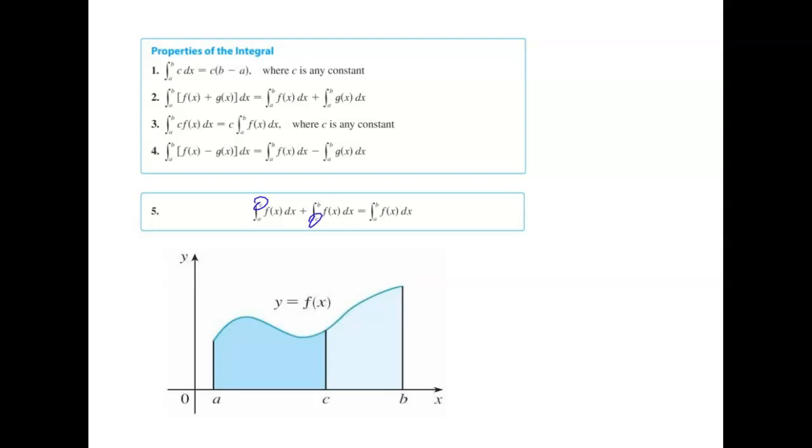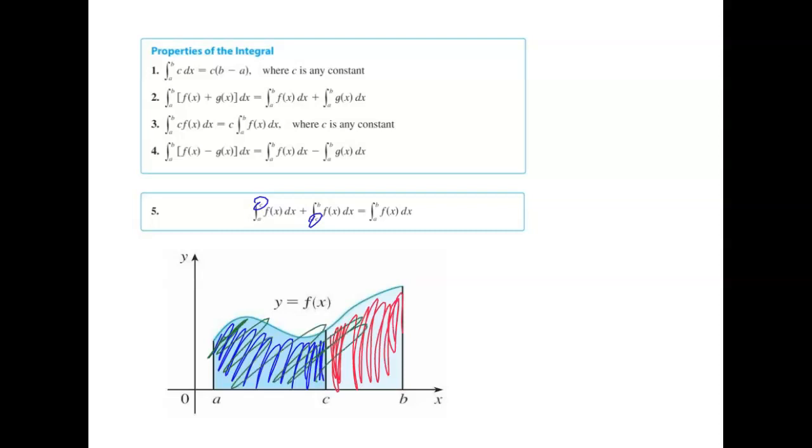And the reason is, if I put them in this order, it'll be pretty intuitive. So I have a, c, b. If I do the integral from a to c, that's this area. And then if I add the integral from c to b, that's this area. Well, isn't what I'm finding just really the total area from a to b?